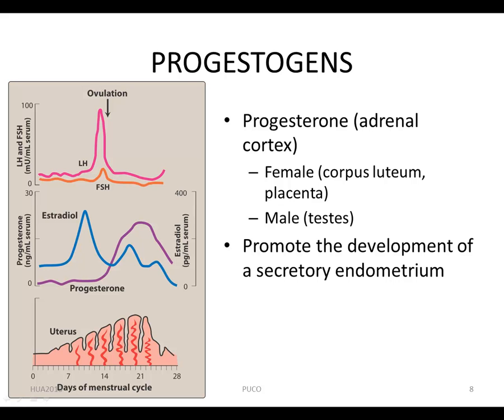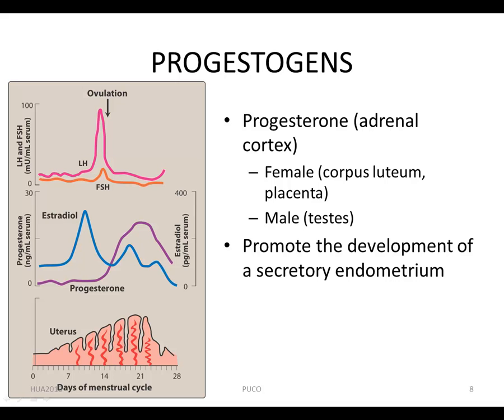Progesterone. The natural progestogen is produced in response to luteinizing hormone by both females, secreted by the corpus luteum primarily during the second half of the menstrual cycle and by the placenta, and by males, secreted by the testes. It is also synthesized by the adrenal cortex in both sexes.